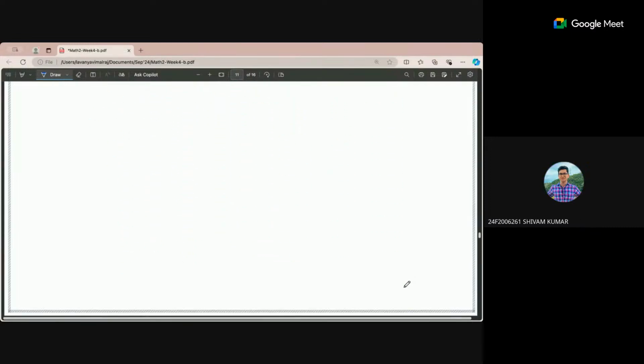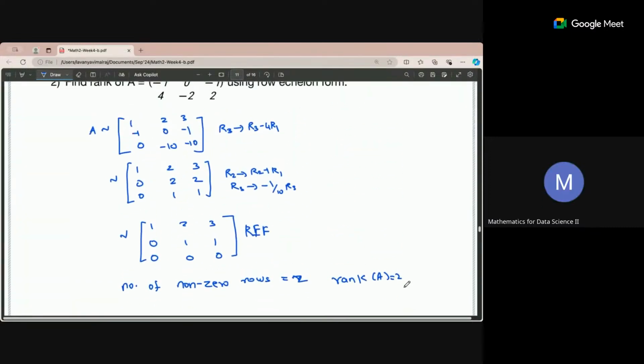Ma'am, one question. Suppose you are interested in finding the column rank using this method, and you use this row echelon form or column echelon form, how are you going to do this operation for finding the column rank? See, for finding the column rank, you can use either row echelon form or column.